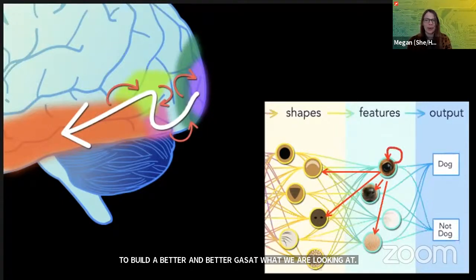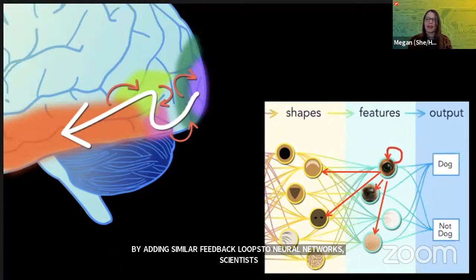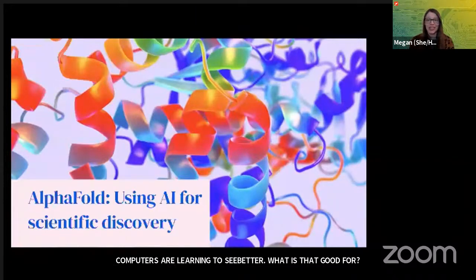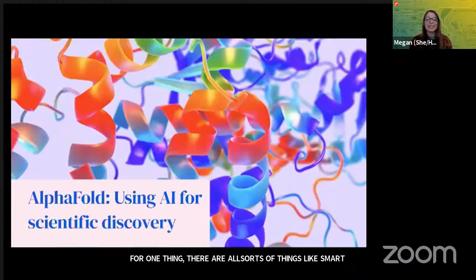But what is that good for? Well, for one thing, there are all sorts of things like smart camera applications and all kinds of applications of these neural networks. Now, one of the applications of neural networks that was in the news a lot this year is a program called AlphaFold from a company called DeepMind.